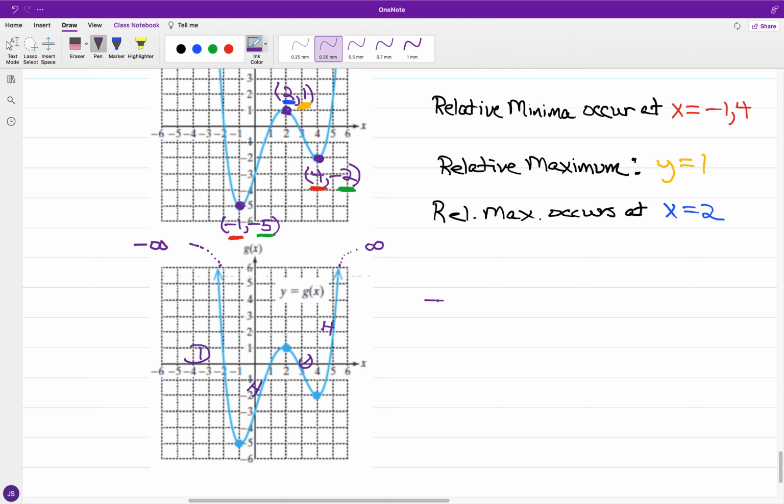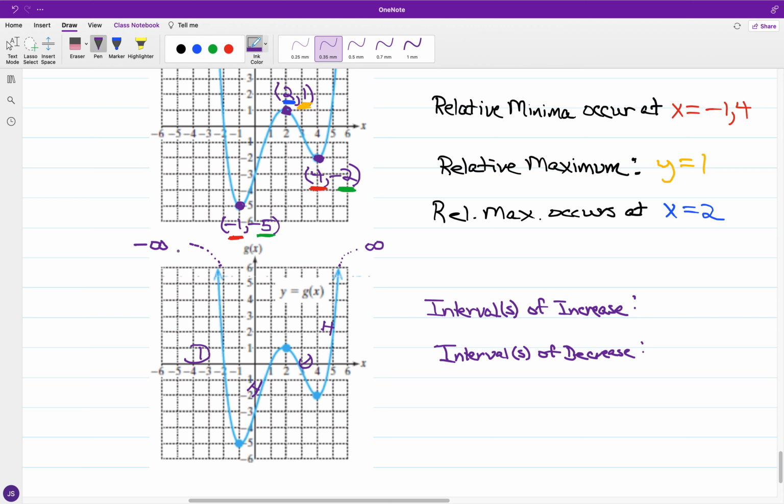So for the intervals of increase and decrease, just reading in order from left to right.